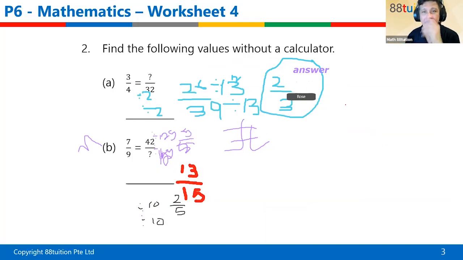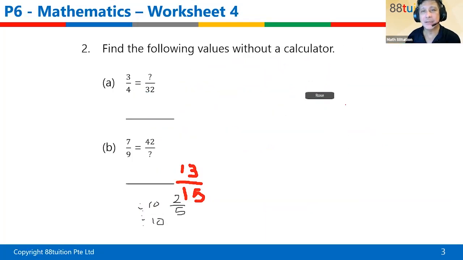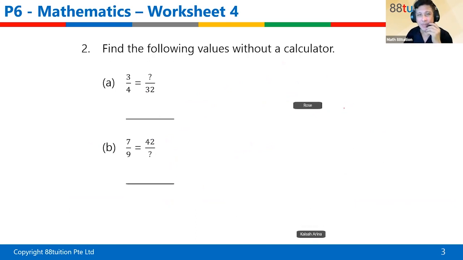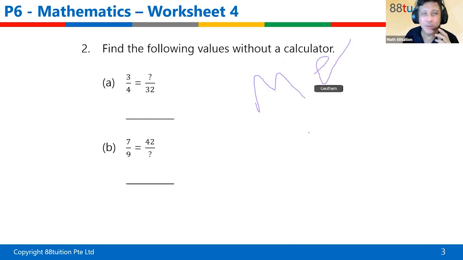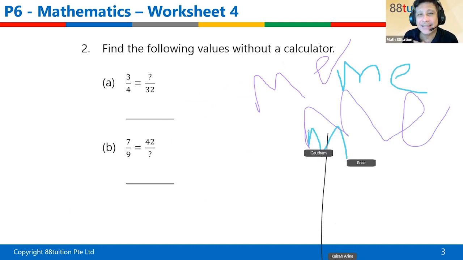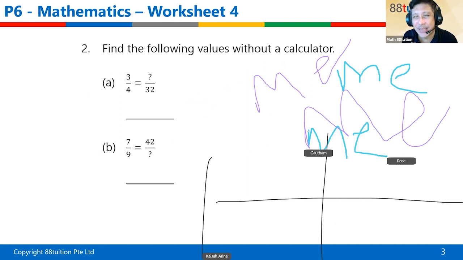Let's move on. Okay, so let me just clear the annotation. Okay, so that is done. Wow. Okay, Kaiser, I can see you, and Rose also. Oh, Gautam also. But here we only have two. Okay, wait. So many of you. I tell you what. Yes, you can draw that line. Okay, our dear Kaiser has drawn all the lines for us.